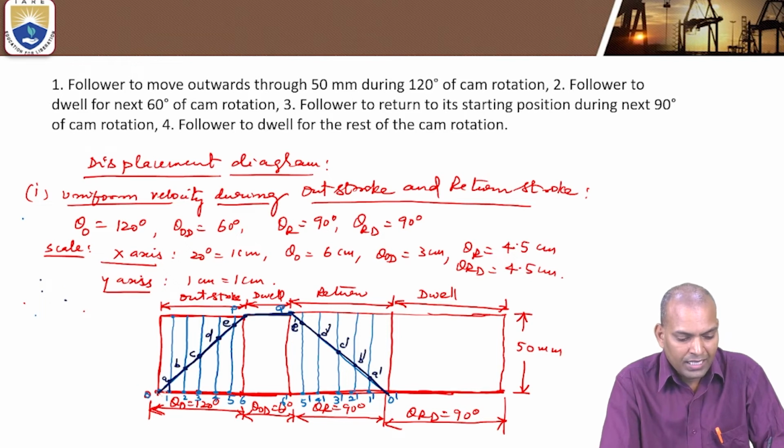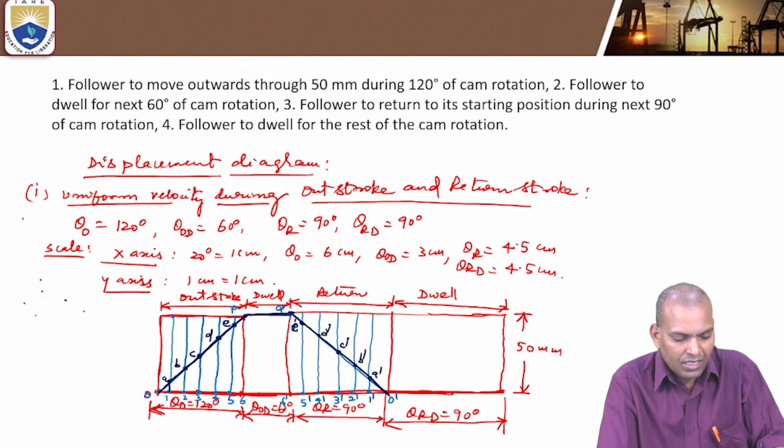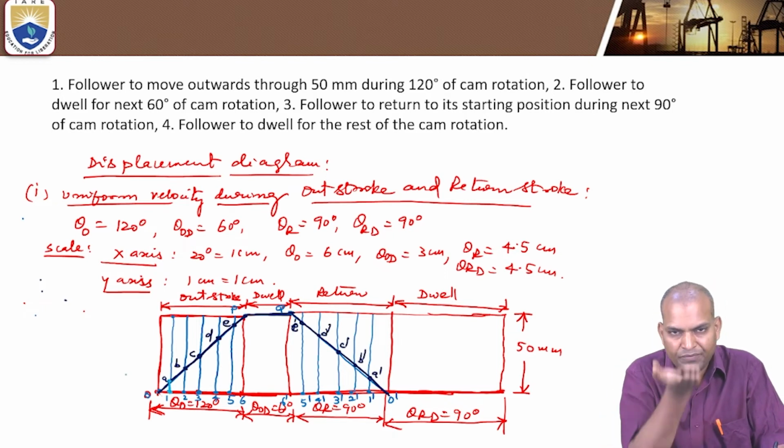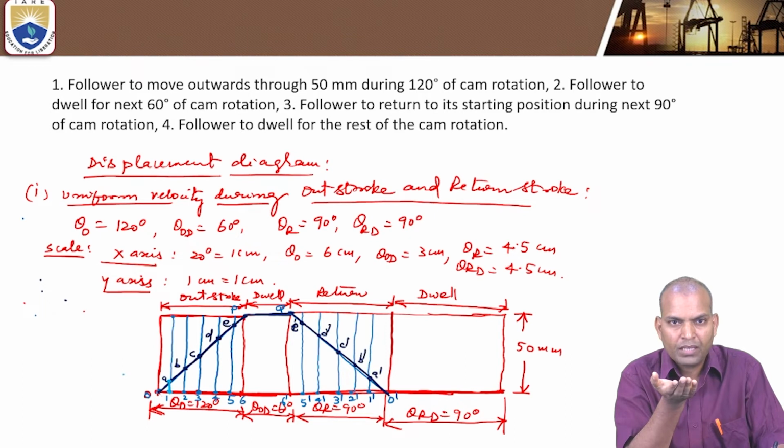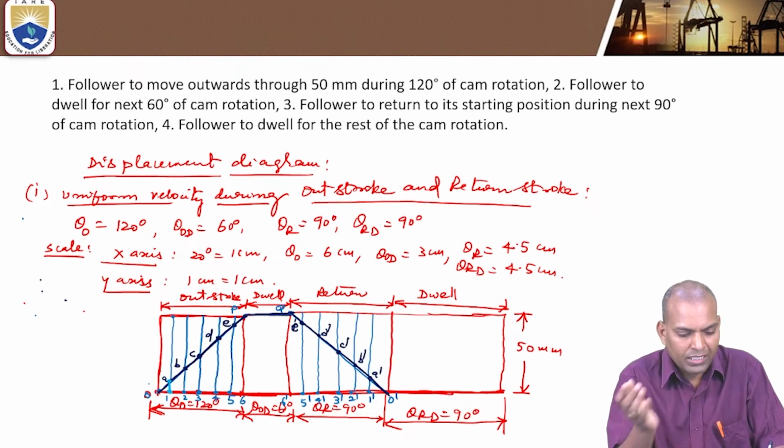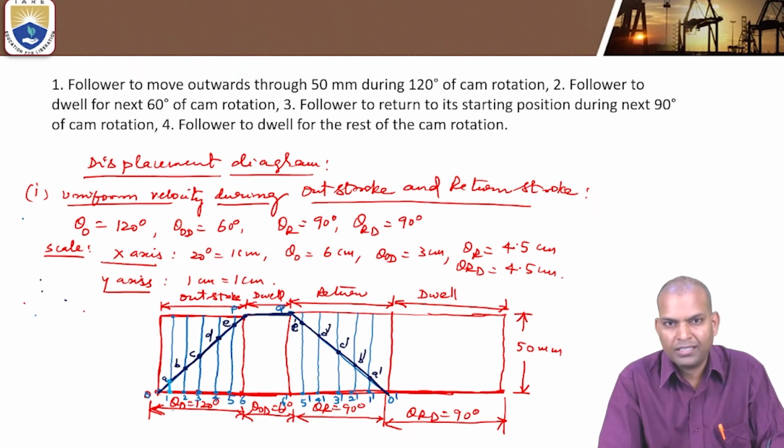It is at 0 angle at one position, horizontal axis. At the next position it is 20 degrees of rotation. For the 20 degrees of rotation, the distance is the lift of the follower. The raising of the follower is this much distance, 1 to A. If you take a scale and measure, that is how much it comes.